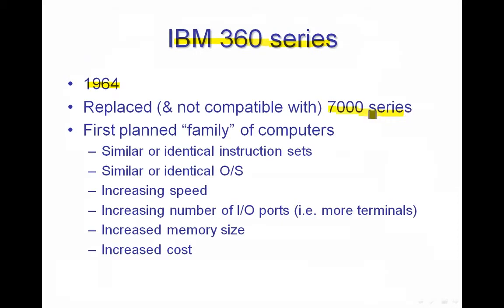It was the first planned family of computers to have similar or identical instruction set and similar or identical operating system. It has increasing speed, increasing number of input-output ports, more terminals to use as IOs, increased memory size. Also, it came with an increased cost.